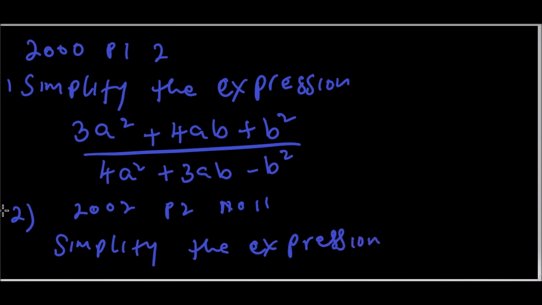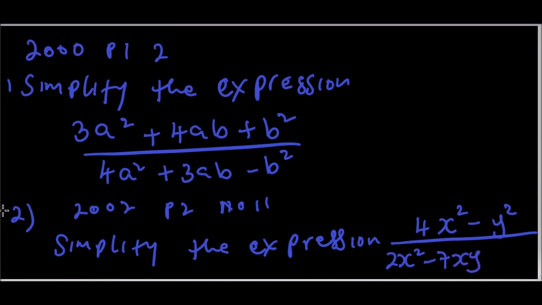This is 4x squared minus y squared, all this divided by 2x squared minus 7xy plus 3y squared.